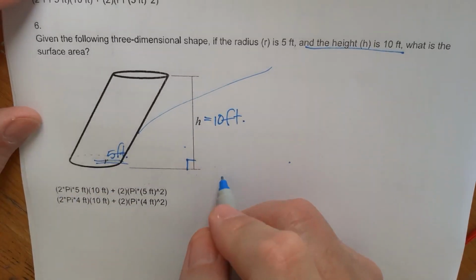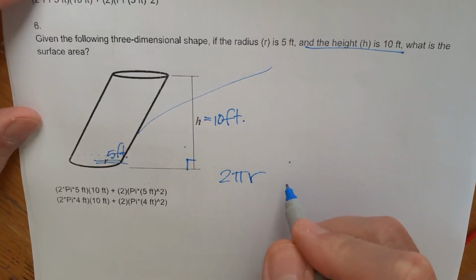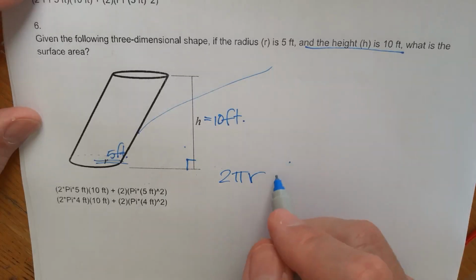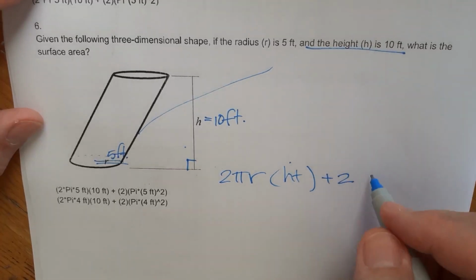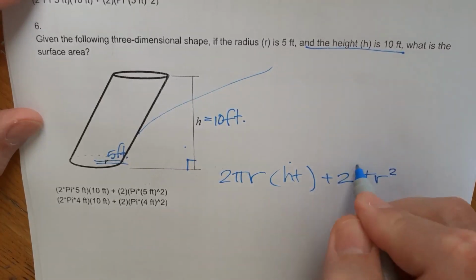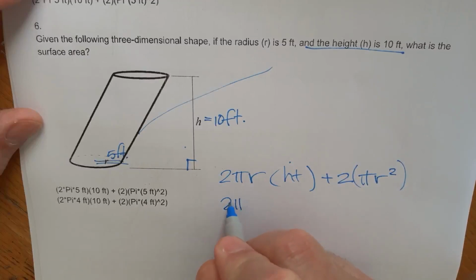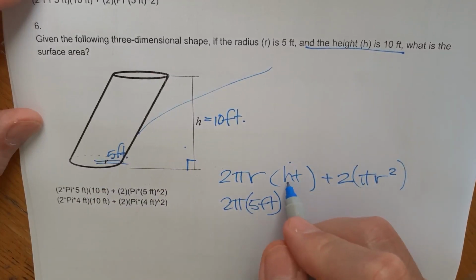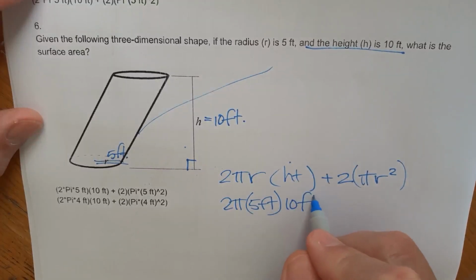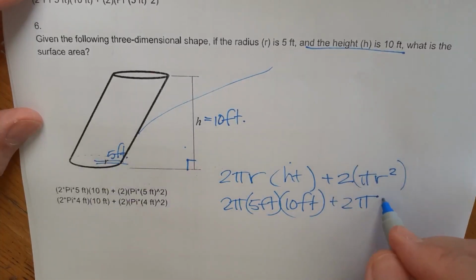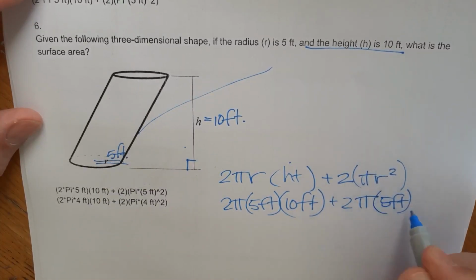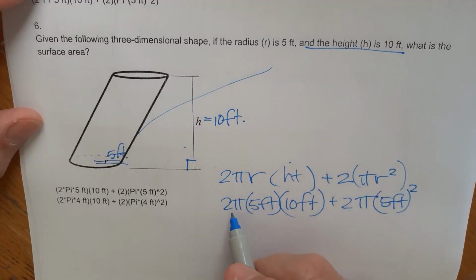So let's go ahead and say 2 pi r, that is the circumference of the top, times the perpendicular height, plus 2 times the area of a circle, which is pi r squared. 2 pi 5 feet, carry the units with it, times the height 10 feet, carry the units with it, plus 2 pi r squared, so 2 pi and 5 feet squared. 5 feet, carry the units with it, and square the whole thing, including the units.